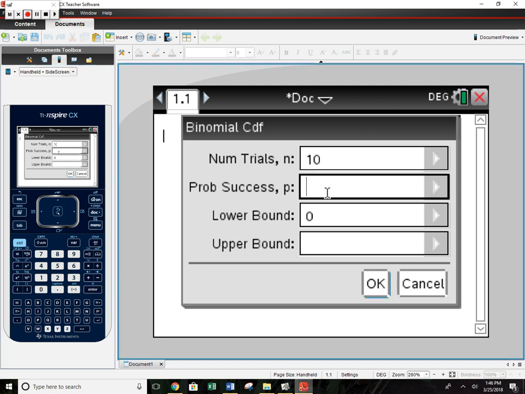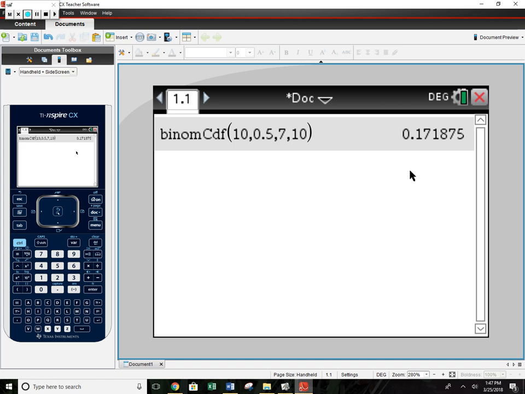Chance of a success for each individual trial is the same. Each question is independent. The lower bound. Let's see. Of those trials, I want 7 of them. I want 7 to 10, because that'll give me my 70%. At least 70%. And there we go. 0.1718. So 0.172.